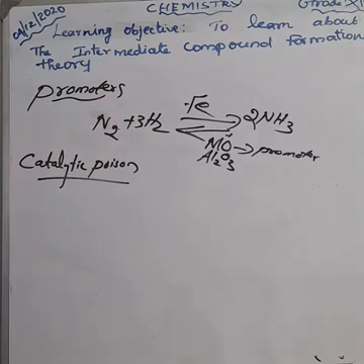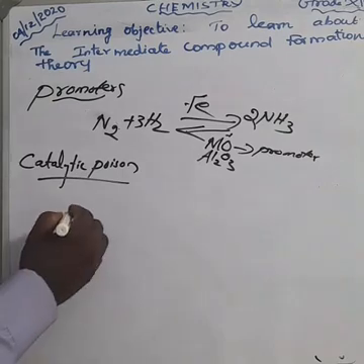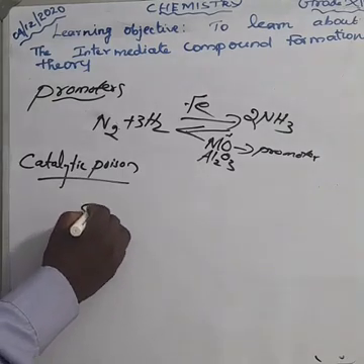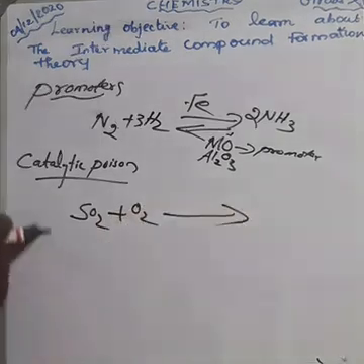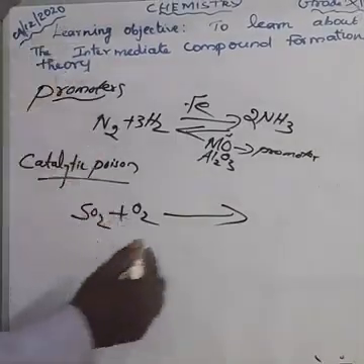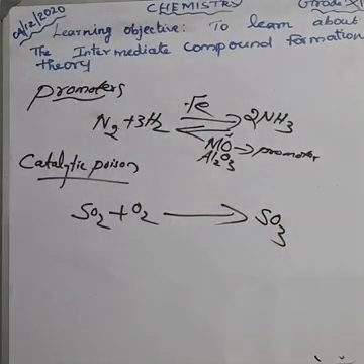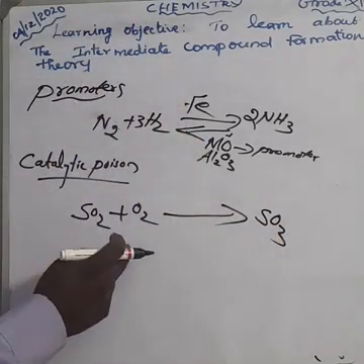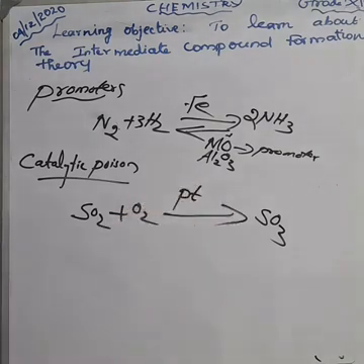For example, consider the reaction of sulfur dioxide, SO2, with oxygen. We get SO3, sulfur trioxide. Here one of the catalysts we are using is platinum.